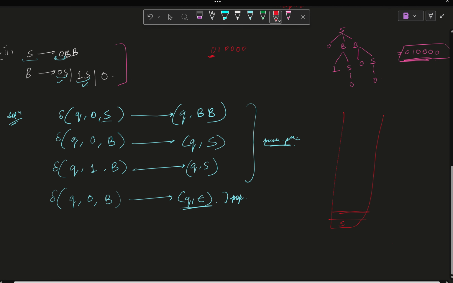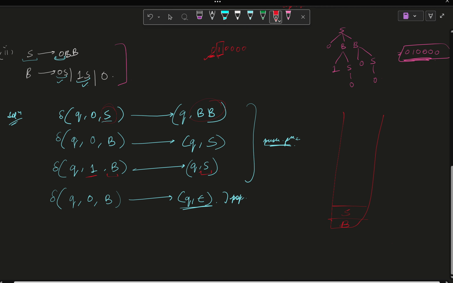So we are going to turn this start symbol into a BB. So the start symbol we remove and then we replace it by a BB, right? Then we come across a 1. This 1 is processed and we encounter a B, and this B is changed to an S, right?